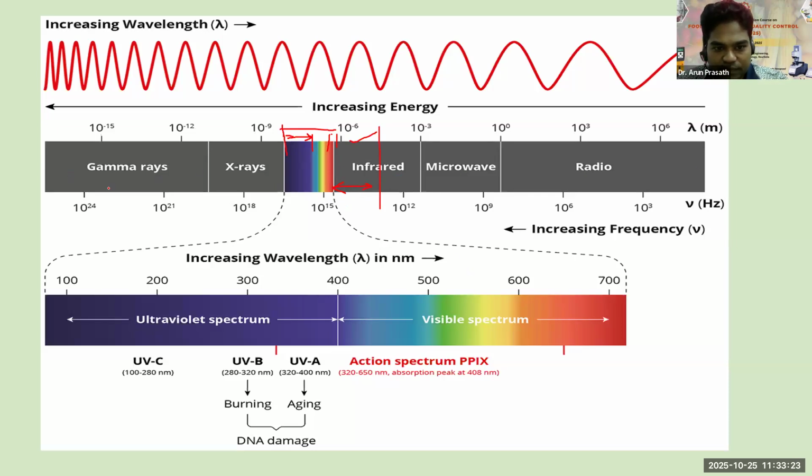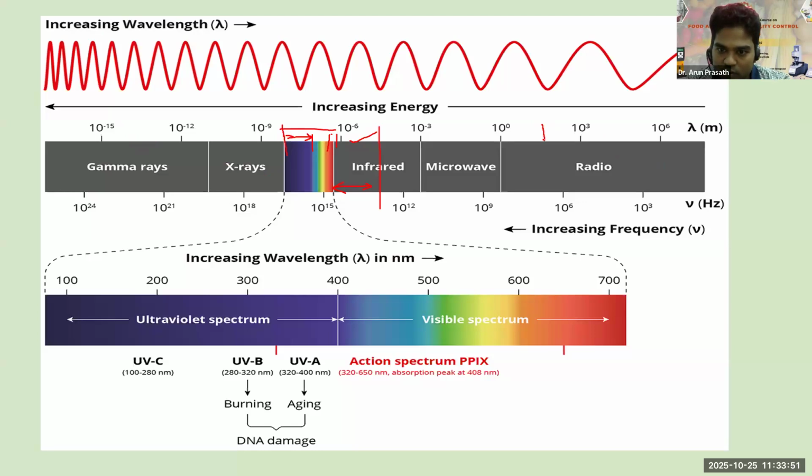So this is the wavelength and the frequency. When the frequency increases, the wavelength decreases. This is the relationship between the frequency and the wavelength of the electromagnetic spectrum. We can see the increasing wavelength here, from gamma radiation and then X-ray radiation. In the entire electromagnetic spectrum, the largest wavelength is radio wave.